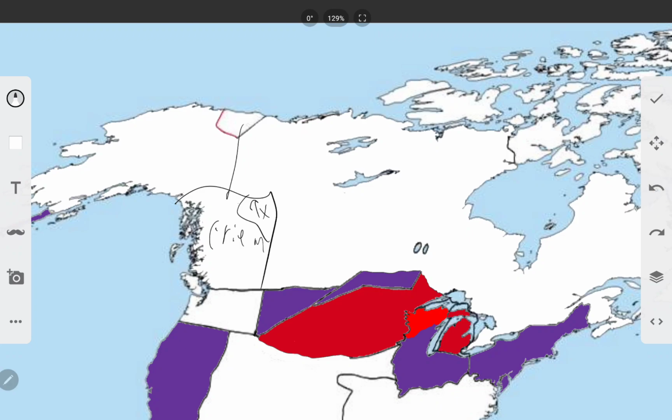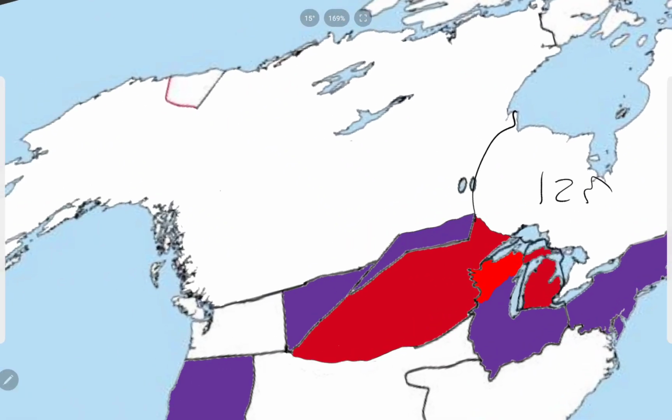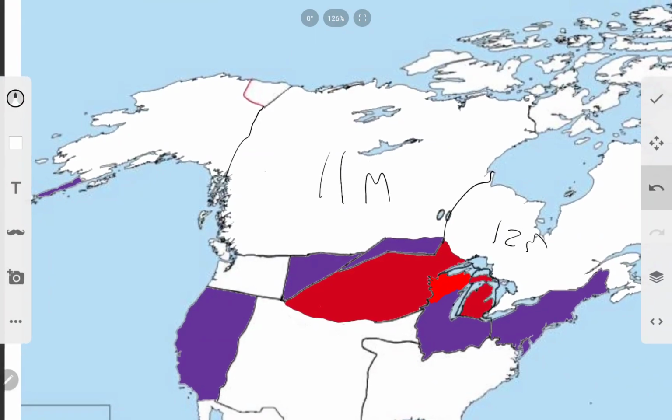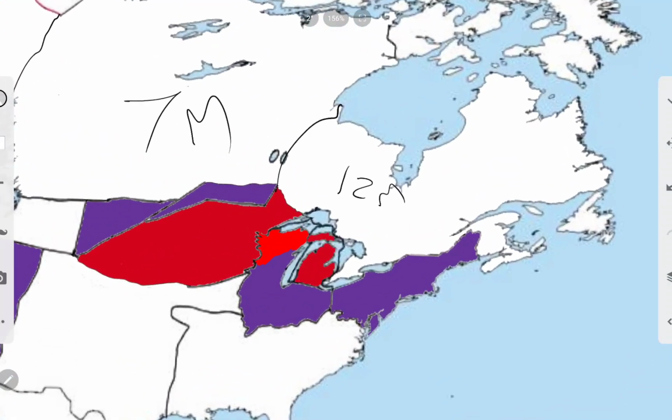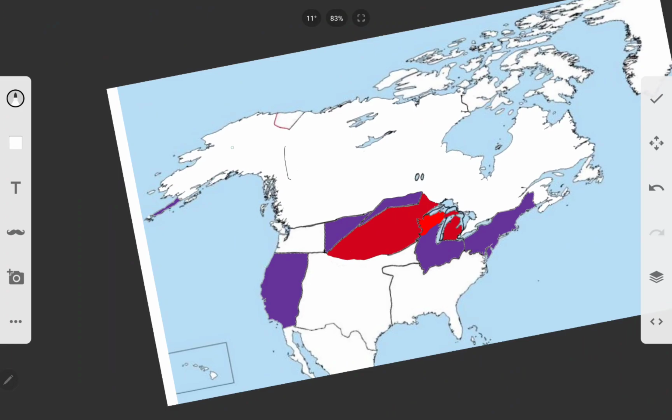Because as of this point, the population imbalance is still very much here. There's around 12 million people here, but in all of these areas combined, there's only around 11 million. There is around 7 million people. Meanwhile, in the rest of the country, there's also around 1 million people here as well.